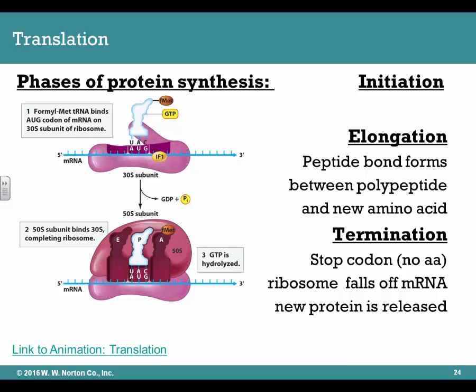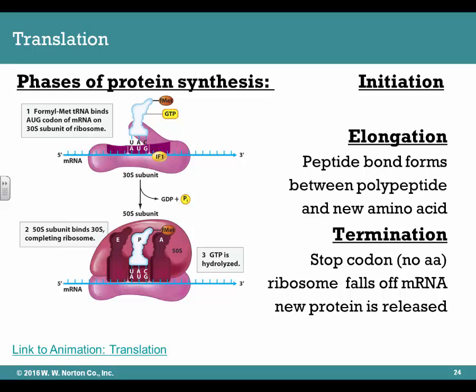All right, I'm not going to go over in too much detail the phases of protein synthesis, but I do want you to understand that these phases break down into basically 3 steps: first the starting or initiation, then the process of making the entire polymer of the protein, the elongation, adding each amino acid one after the next, and then termination determined by where the stop codon is in that messenger RNA.